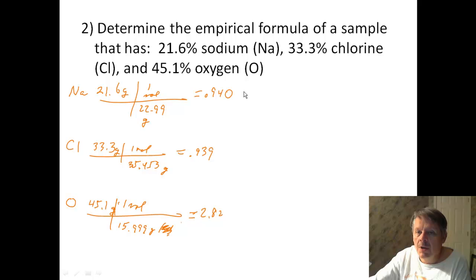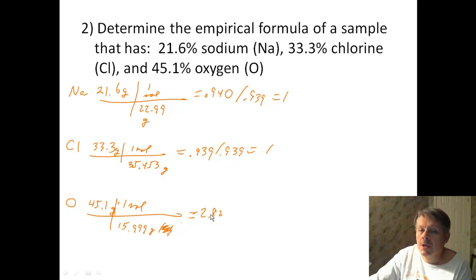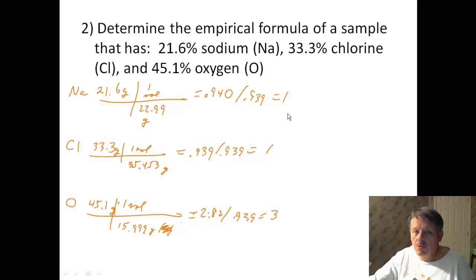Well, I'm going to divide both of these by 0.939. 0.939 divided by 0.939 is going to equal 1, that's going to equal 1, and divide by 0.939, and that's going to give me 3. Alright, so I have a 1-to-1-to-3 relationship, so I've got NaClO3. That is my empirical formula.